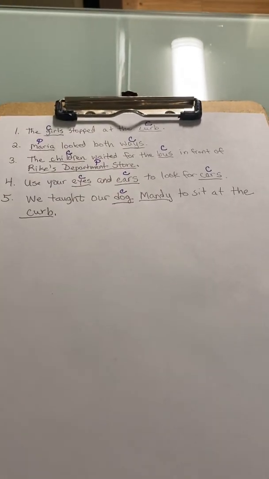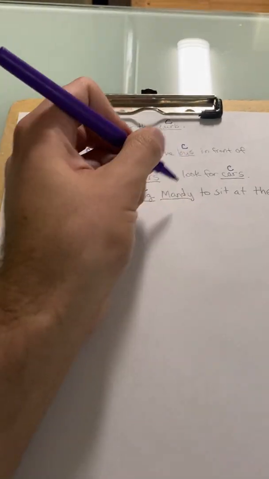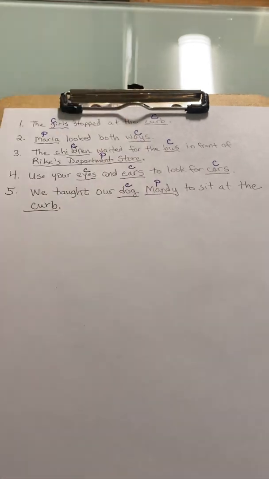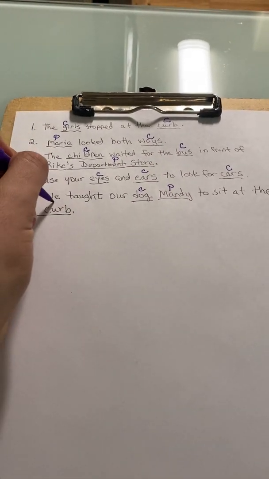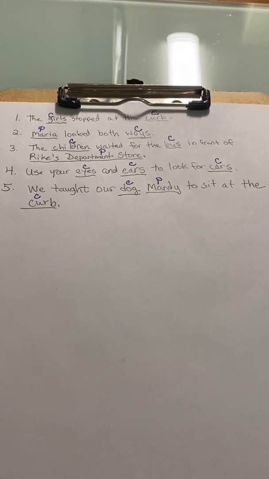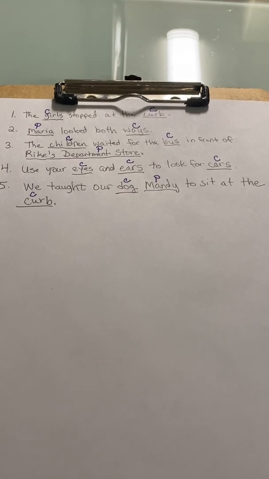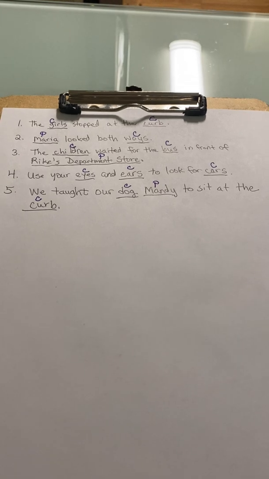Dog is a common noun. Now Mandy, the dog's name is Mandy, so this would be a proper noun. To sit at the curb, which is also a common noun. I know it's hard to tell if it's capital or lowercase the way I wrote it, but it is lowercase and it is a common noun because a curb is just a common thing.